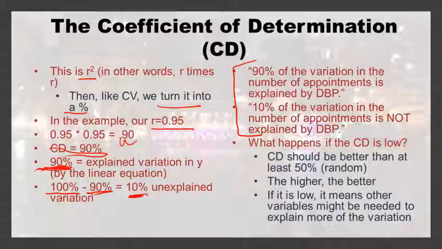If you have a low percentage, then your X is not the one that is actually controlling that, and you cannot use your Y hat equation to predict anything, because it's just not going to happen. But if it is a really high percentage, then yes, you can use your Y hat equation to make predictions.